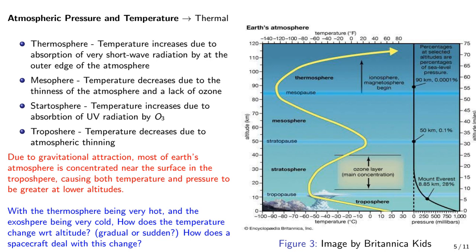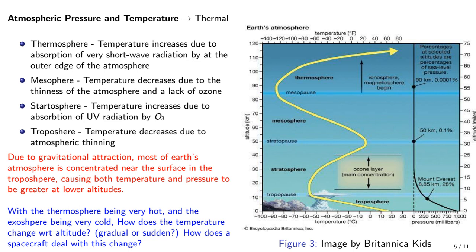Now let's see the effect of atmospheric pressure and temperature. We call these thermal effects, and let's look at this critically. Back to this diagram, we're starting from our troposphere.